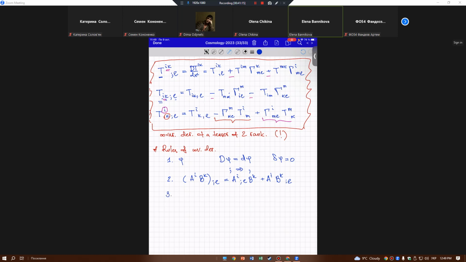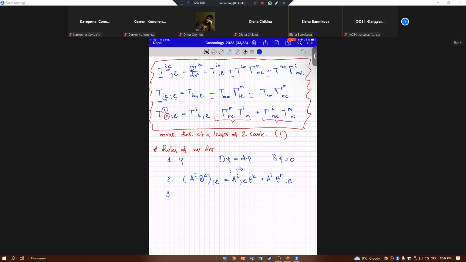The third one. We need to understand, and it was our goal in the beginning, that our goal was to find a differential operation such that this operation can take a tensor and create, due to this operation, again a tensor.